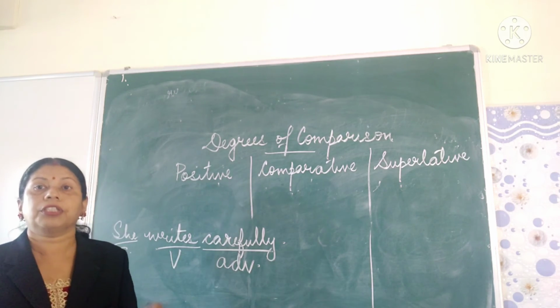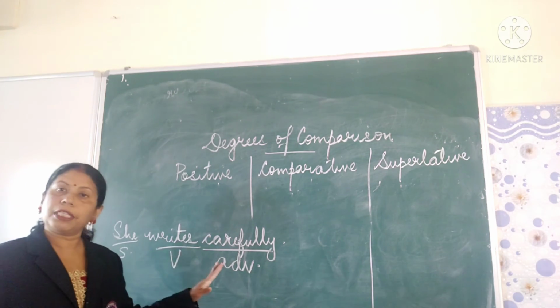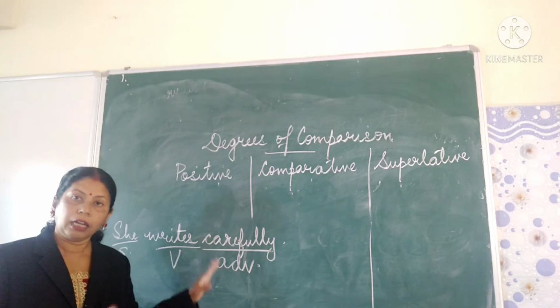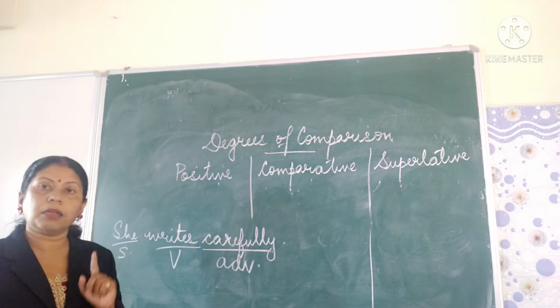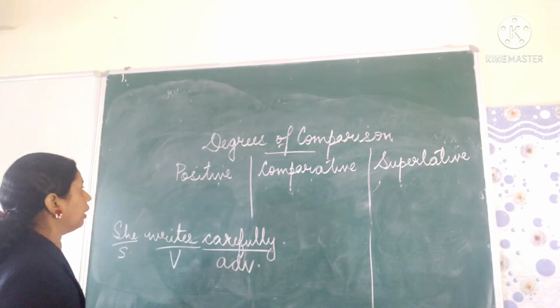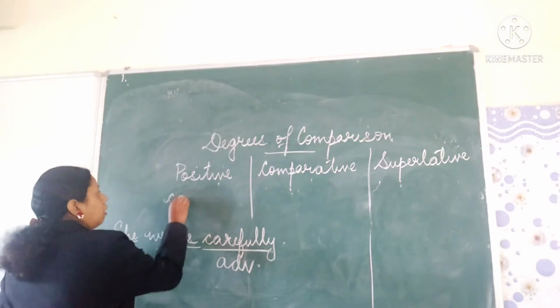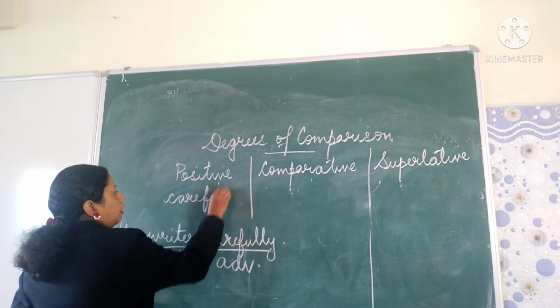How does she write? She writes carefully. So carefully is my adverb. Now this is the quality of her writing, a single person, so carefully comes under the positive degree.